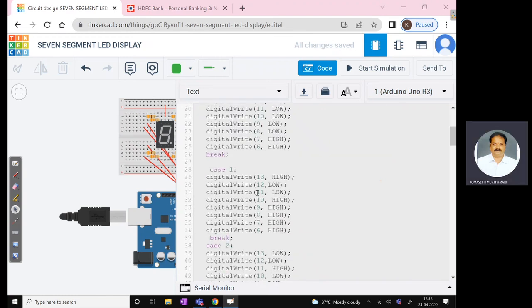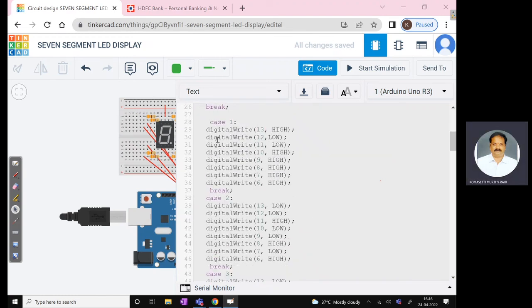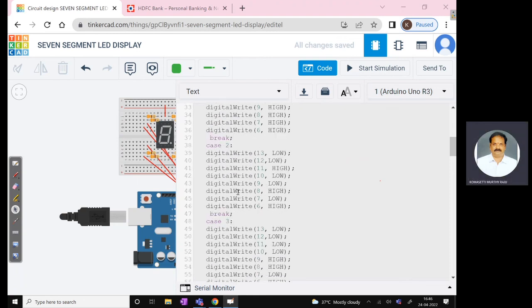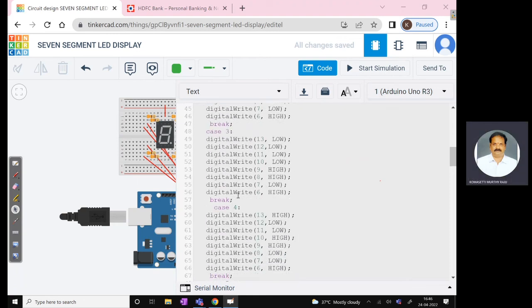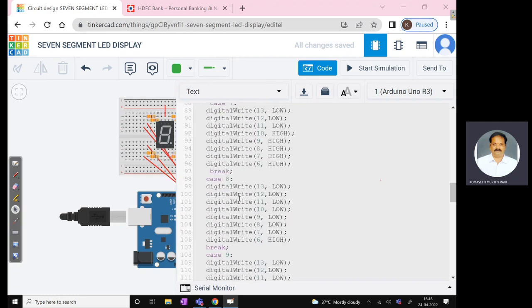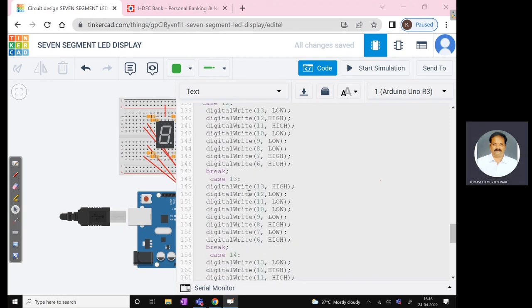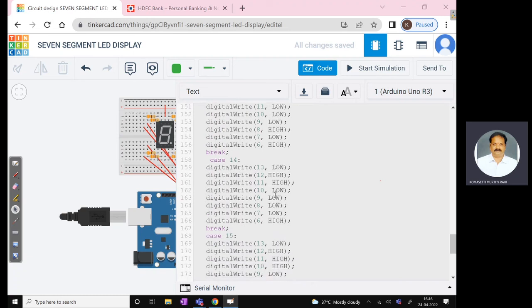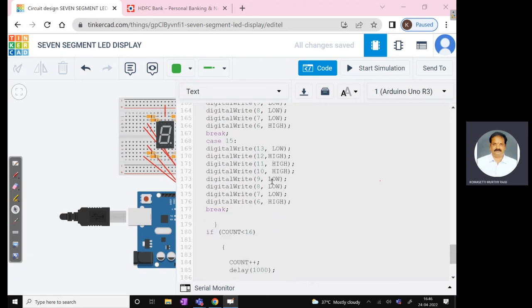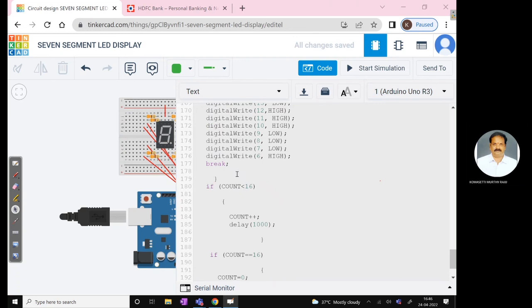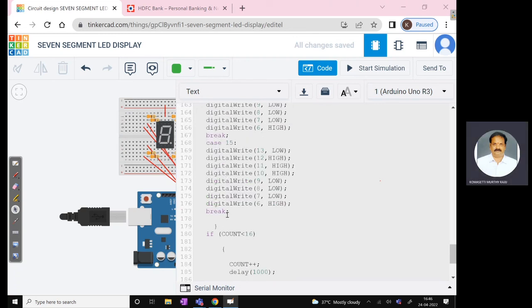These are the functions for case 1, case 2, case 3, case 4, up to 15 cases. These are the cases for displaying numbers from 0 to F. After that, break is there. Close this one with a curly bracket.